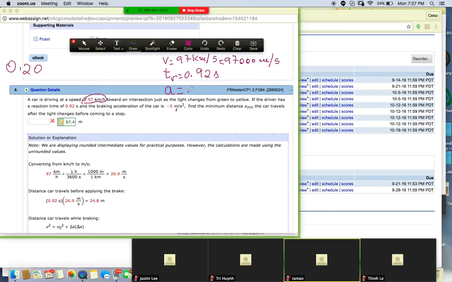And then when he sees the light, he doesn't do anything. I mean, he thinks about pressing the brake, but the reaction time is the time that it takes for his intention to be transformed into action. So first he sees the light changing, and then he presses the brake. So there is a time that he'll still be traveling and moving at 97 kilometers per hour.